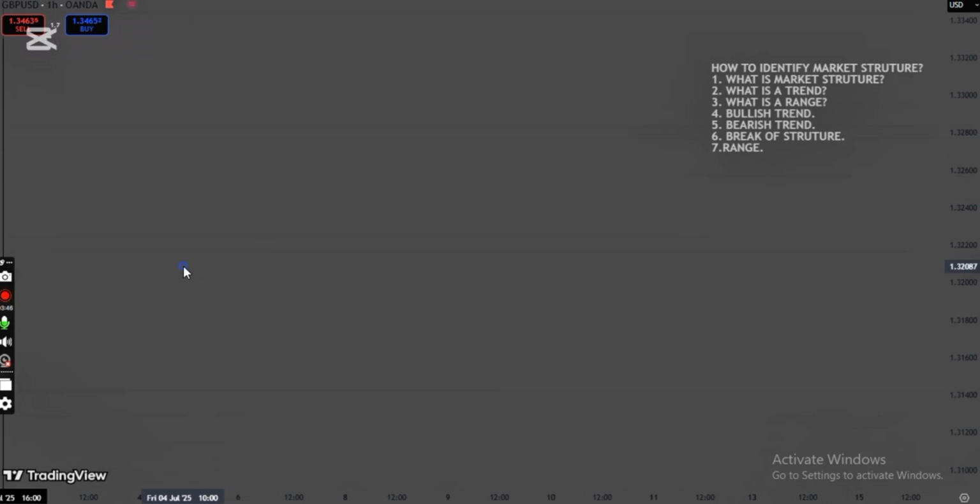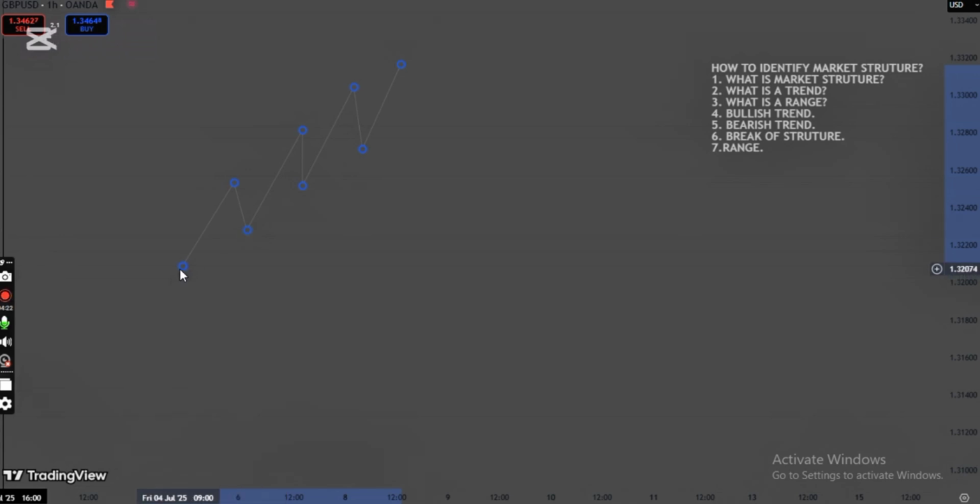So whenever the market is creating higher highs and higher lows, we call that a market structure, right? Because we have a low that was created and price pushed upside and made a new high, and then came back down again, creating another low, and then went back up again and created another high. So what we have here is a pattern of swing low, swing highs and swing lows, right?